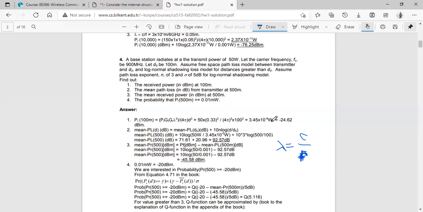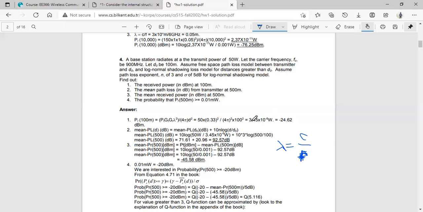So we have to find the power in dBm. What we do is we take the milliwatt value of this. 3.45 times 10 to the power of -6 watts converted into milliwatts is equivalent to 0.00345 milliwatt, which is 3.45 times 10 to the power of -3 milliwatt.